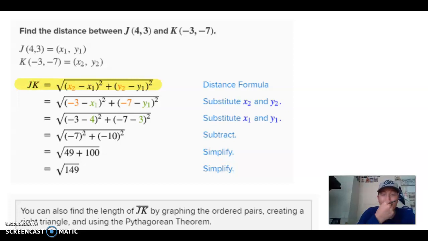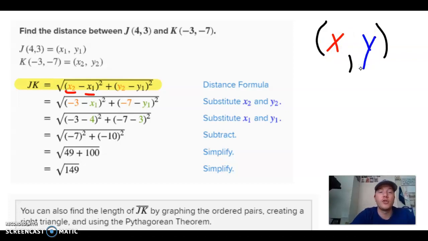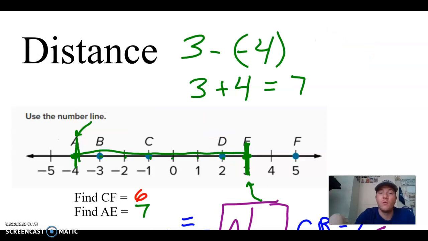Where are these numbers coming from? Well, let's look. Our x's are always in the same spot in an ordered pair. They always come first. Your y's always come second, right? So your x2 minus x1, like I was saying over here, when we talked about your new minus your old, this is why I was saying that, okay?